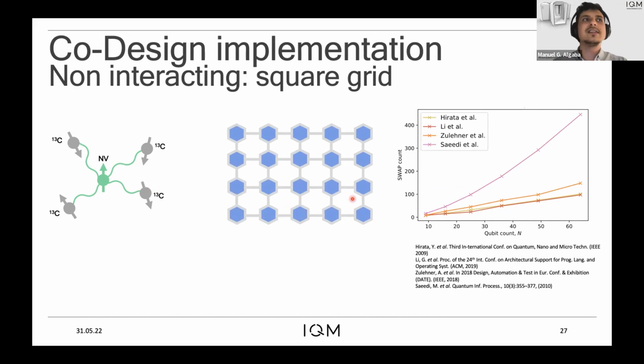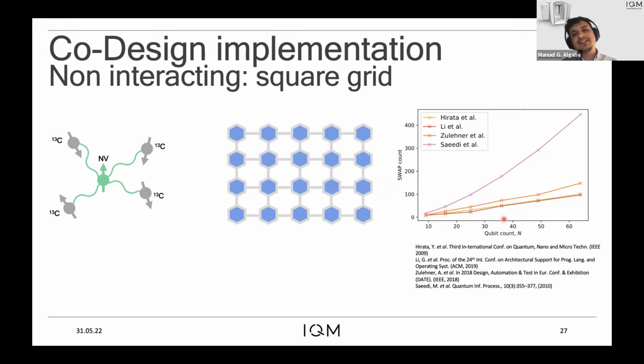There are lots of different techniques, but most of them, I would say all of them, are not analytical. They are numerical and non-deterministic, so they don't always give the best result. This is, for our problem in the square grid, the number of swap gates that you need to implement to simulate one Trotter step versus the number of qubits that you have here.